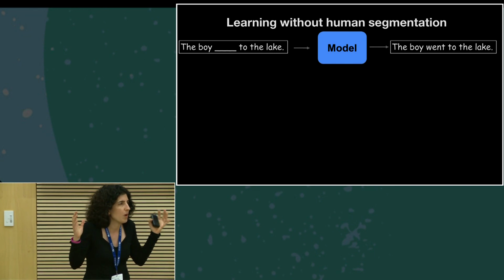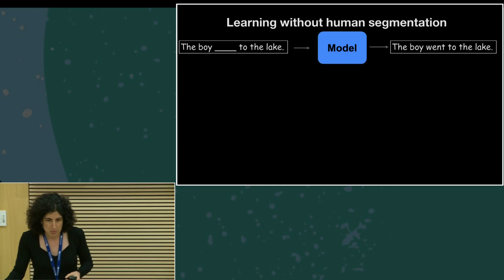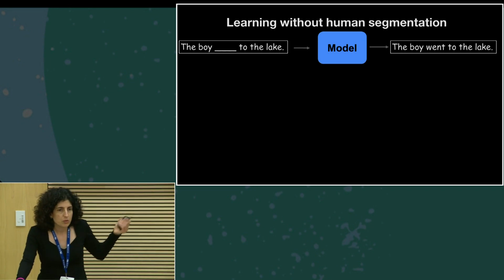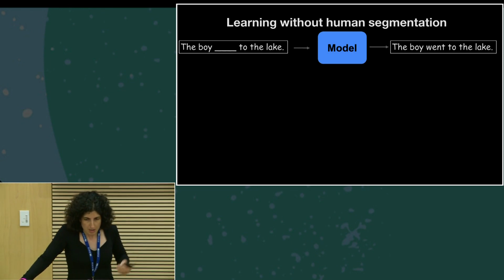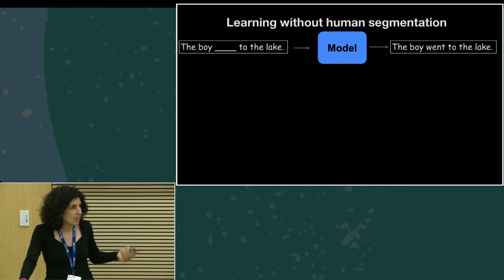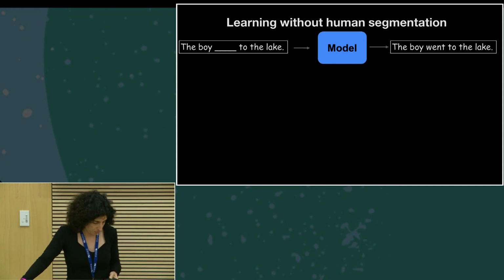So it's a wonderful way of learning. And we don't need any people limiting our amount of data. We wanted to take this, so in the last 2 years, people took this idea and applied it to images.